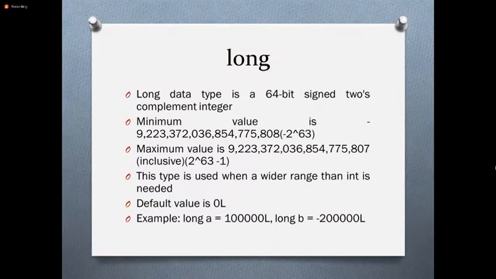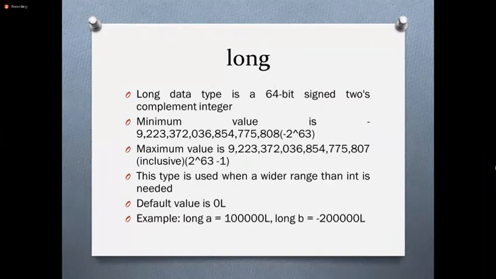Then the next data type is long. Its size is 64 bits. It has a minimum value as well as a maximum value. This is used when a wider range than int is required. If you want to declare a variable which is wider than an integer, then you have to use the long data type.